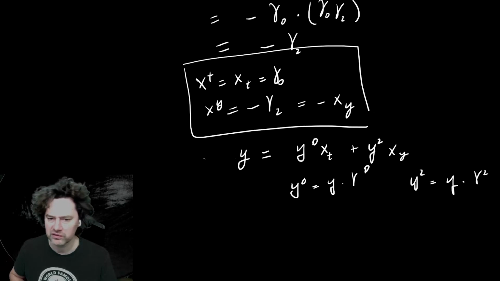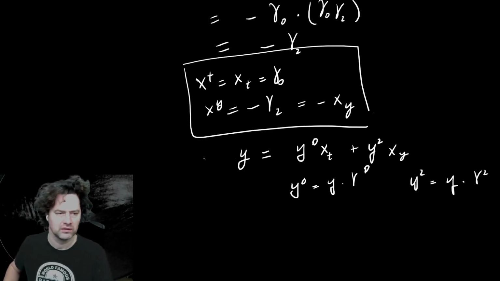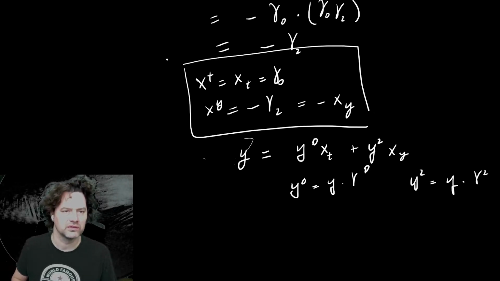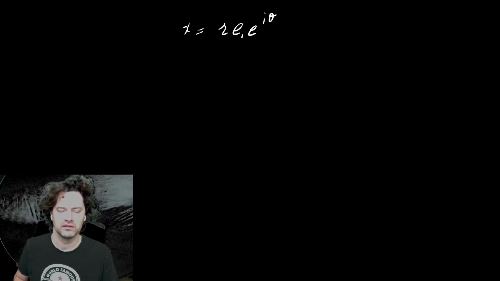Okay. So let's do a circular parameterization. Say x is r e1 e to the I theta.